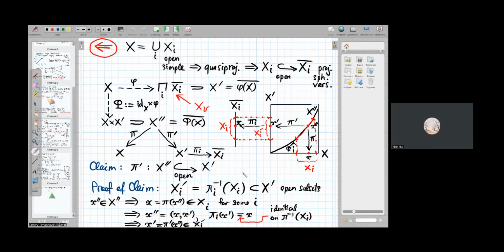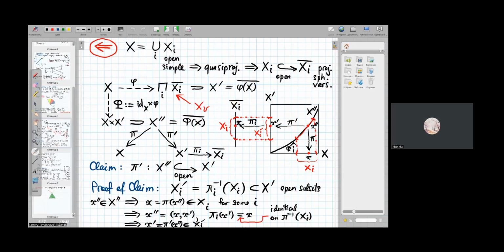Since this is surjective, when you speak about the identity, you do not need surjectivity. You just consider this as an equation on this set. And I say that this equation holds identically. So both sides of this equality belong to one and the same thing, belong to xi bar.